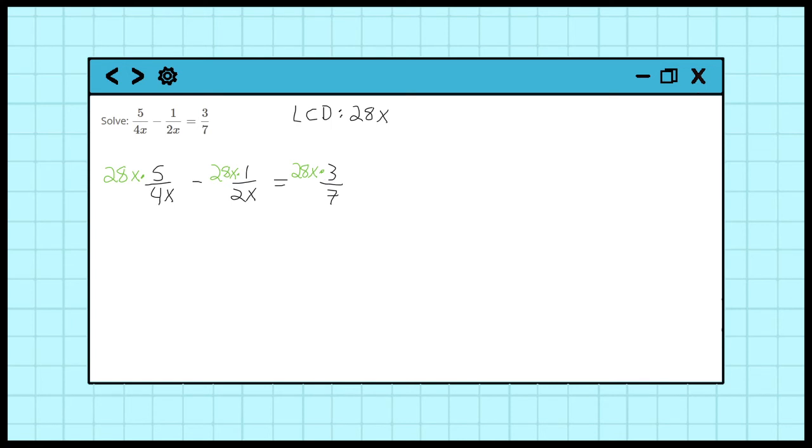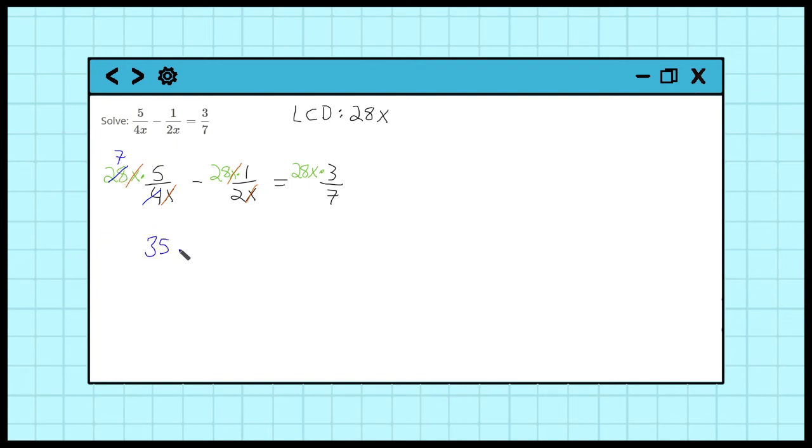And I want to simplify each of these fractions as much as possible. When I look at this first fraction, I see that my x's cancel. I also see the x's cancel in the second fraction, so I'm going to cross those out. The other thing I can see is that 28 divided by 4 gives me 7. And 7 times 5 is 35.